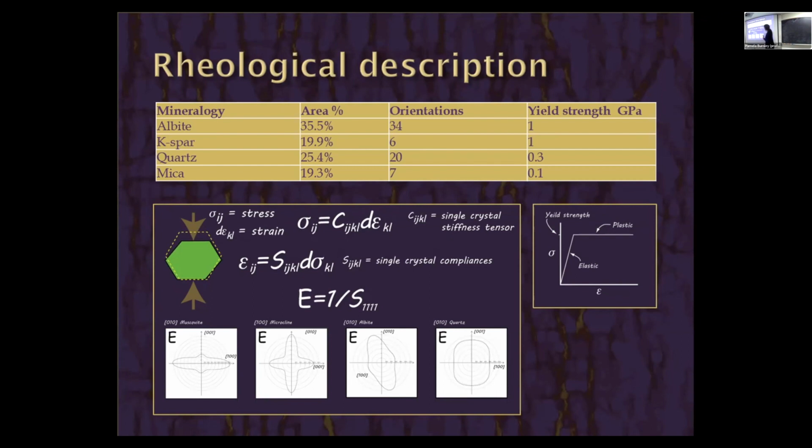I had 34 different orientations of albite, because albite is highly asymmetric, whereas quartz is a little bit more symmetrical, though not quite. I couldn't have as many orientations of K-spar and mica because I had less to work with. So I have my model set up to be granite.